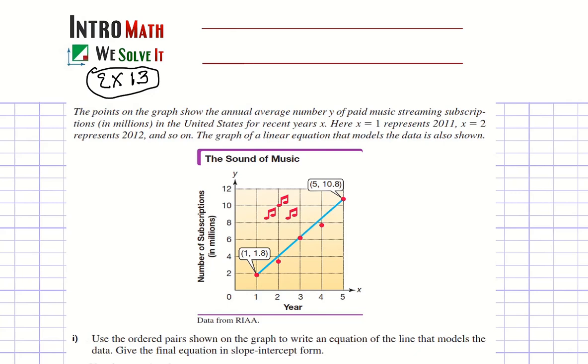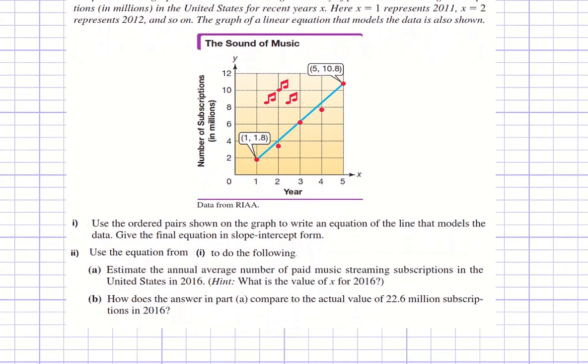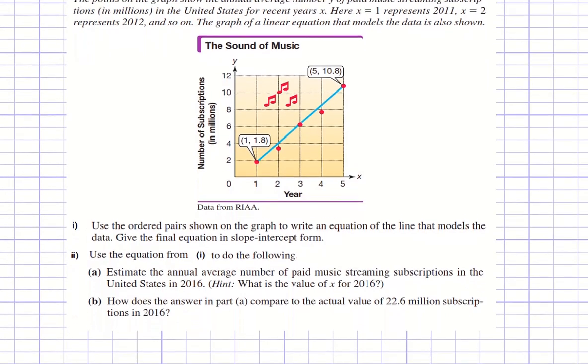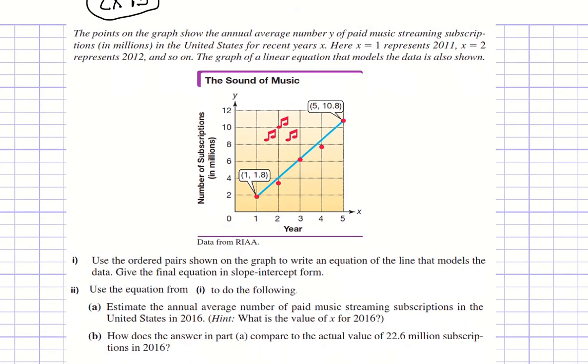Here, x equals 1 represents 2011, x equals 2 represents 2012, and so on. The graph of a linear equation that models the data is also shown. Where is the graph? Oh, I see the graph. I'm sorry, I was looking for the equation. So the graph is showing there.